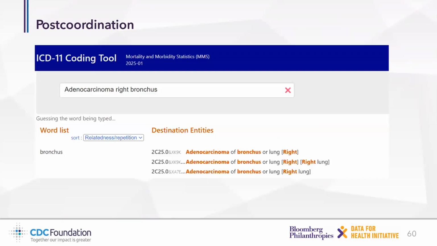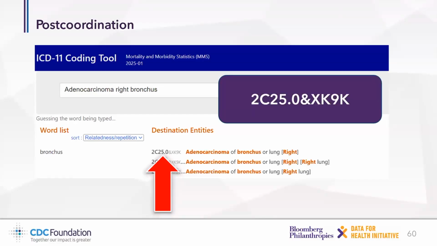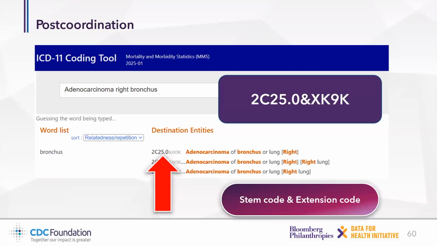Here is another example: adenocarcinoma of right bronchus, where two codes are combined, a stem code and an extension code. So this is post-coordination. When you combine a stem code with an extension code, you use the ampersand symbol. This is the standard symbol that you will use before the extension code.